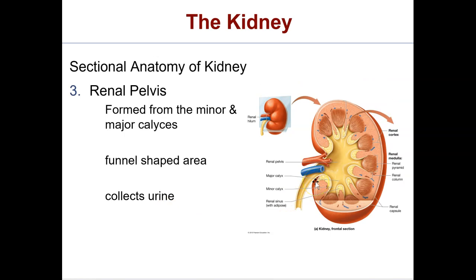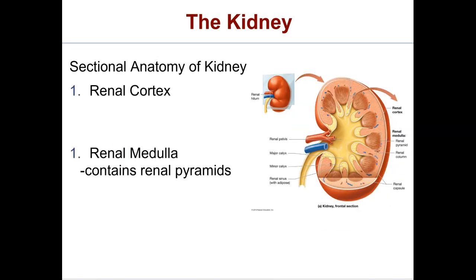Now, the renal medulla, which has the pyramids, and the cortex out here, these have all the nephrons. When we look at the kidney, the basic functional unit of the kidney is called the nephron. That's the structure that basically forms urine from your blood.